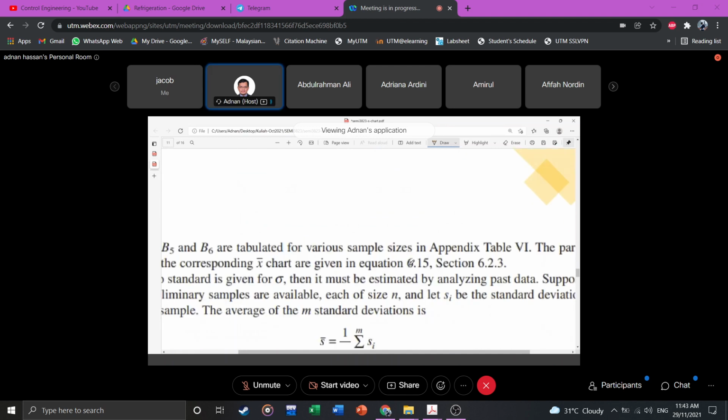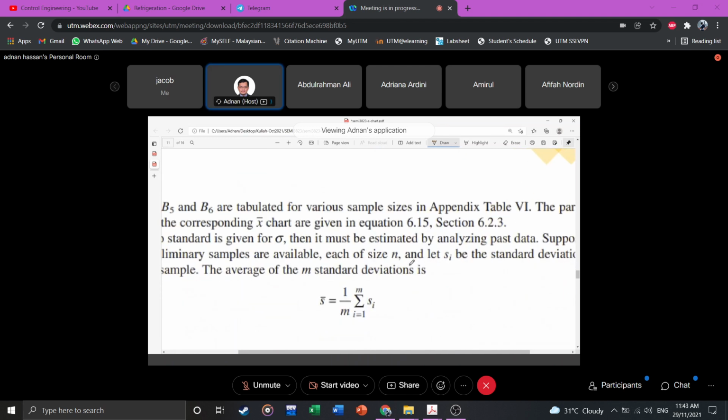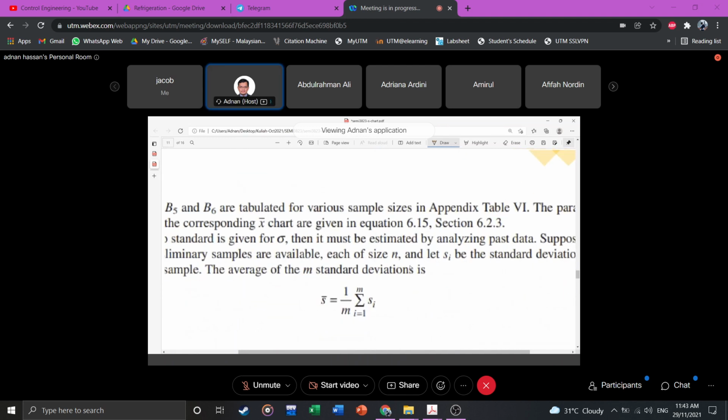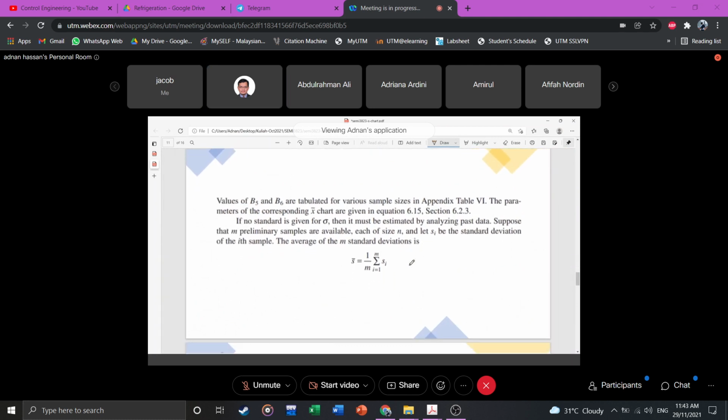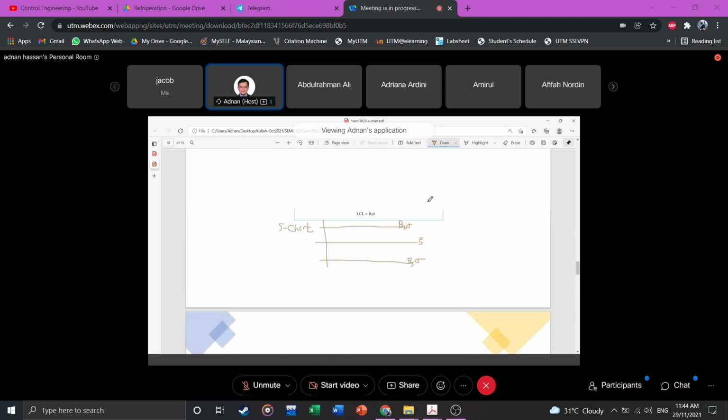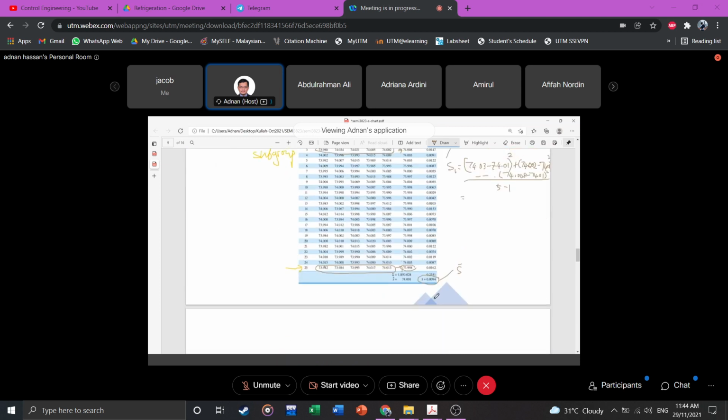There are times where we need to use an estimated value. For example, when no standard is given for sigma, like what we did in this case, we don't have the value, so we can estimate it.